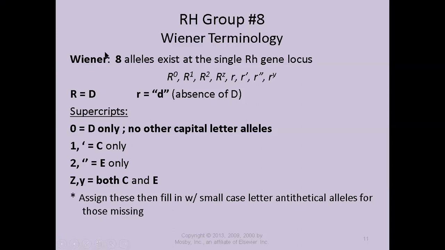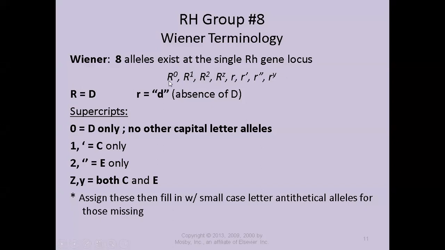With Wiener, there are 8 alleles that exist at the single Rh gene locus, okay? And here are their designations. We can see that the first 4 have an uppercase capital R. When you see an uppercase capital R, that means whatever this is has big D antigen.